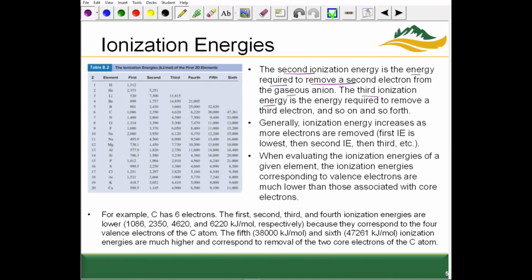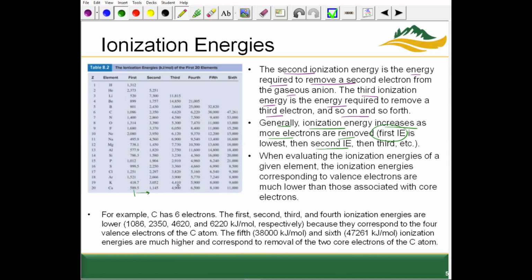The third ionization energy is the energy required to remove the third electron, and so on. So generally, ionization energies will increase as more electrons are removed. So the first ionization energy we expect to be the lowest, then the second ionization energy will increase for a given element.